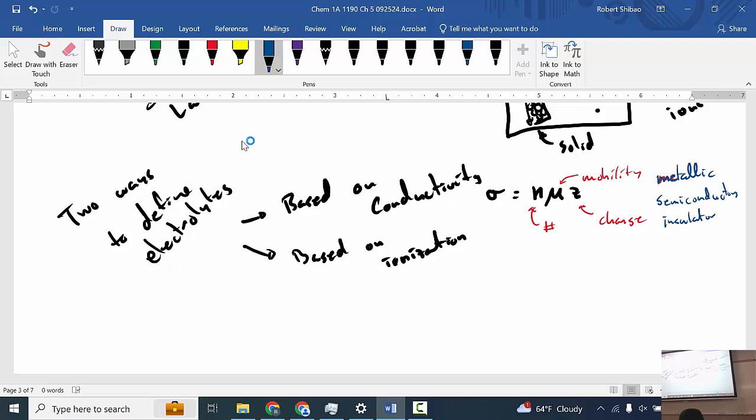Ammonia is normally gas, and so you'll probably start to smell it.